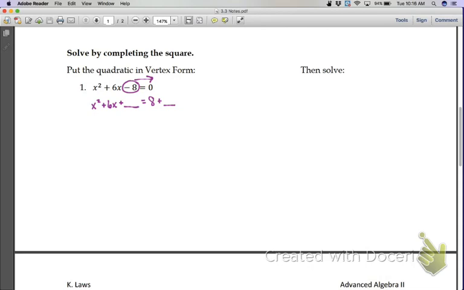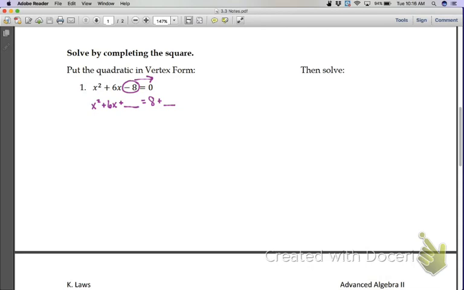Now, any time that we complete the square, whatever I put in this blank right here on the left, I need to put the same thing in the blank to the right. So I need to fill in that blank.